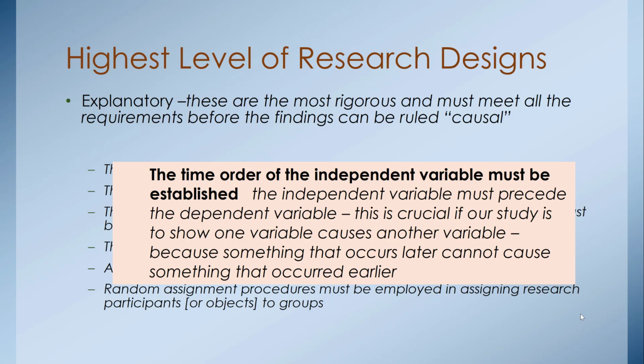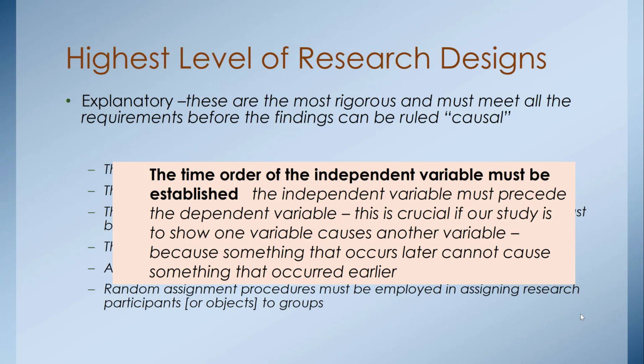So if our client's depression level is dropping and we provide the intervention even though it's dropping, we cannot say it was our intervention that resulted in the drop. The level of depression was already dropping when the clients came into our intervention. So the independent variable must precede the dependent variable.